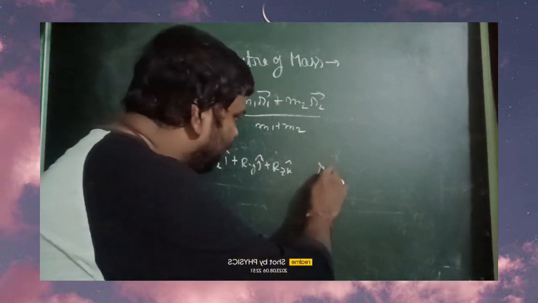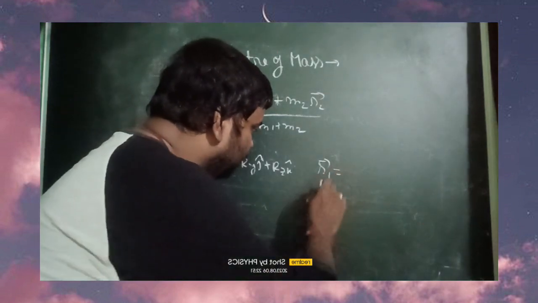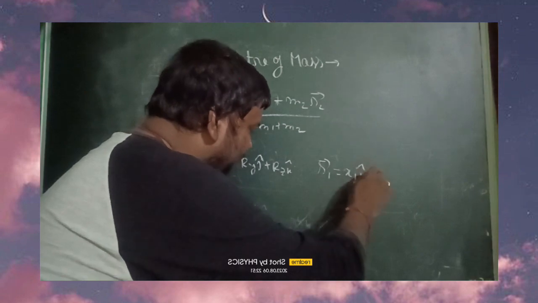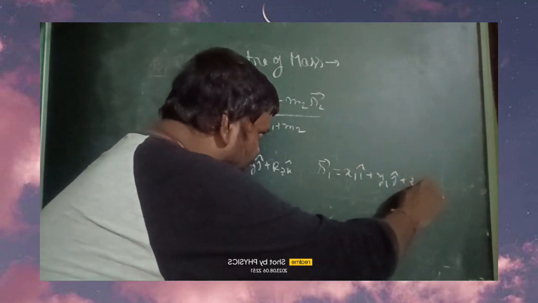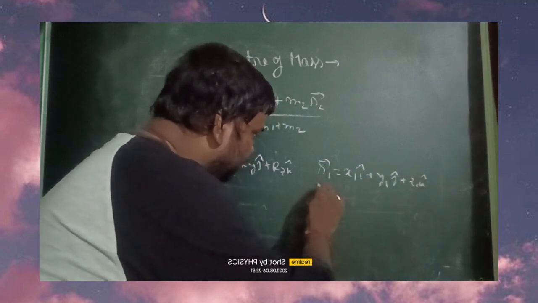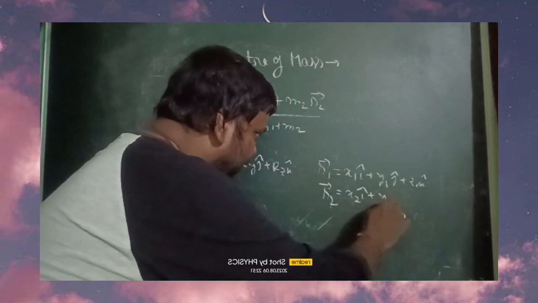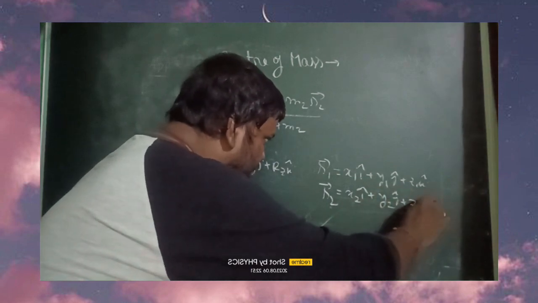Or the small r1 vector, that is the position of the first particle, is equal to x1 i hat plus y1 j hat plus z1 k hat, and the r2 vector is equal to x2 i hat plus y2 j hat plus z2 k hat.